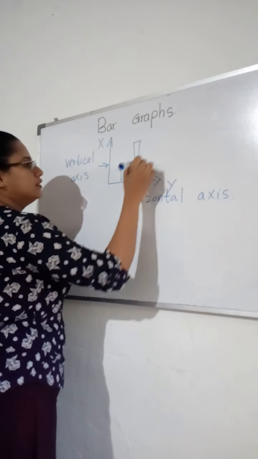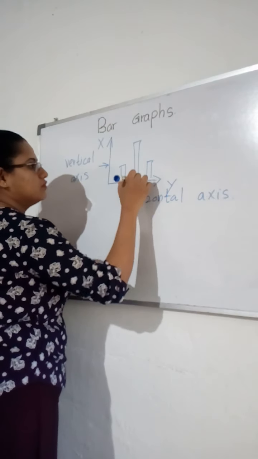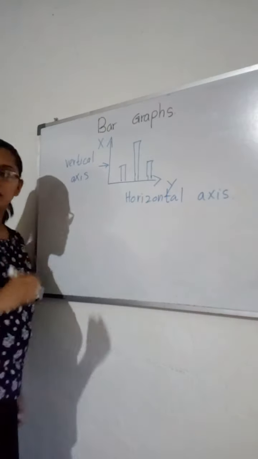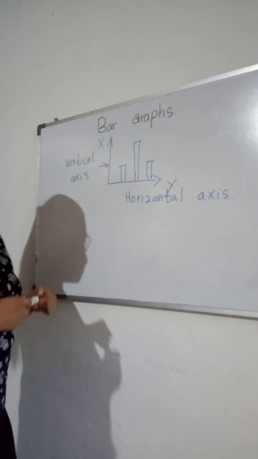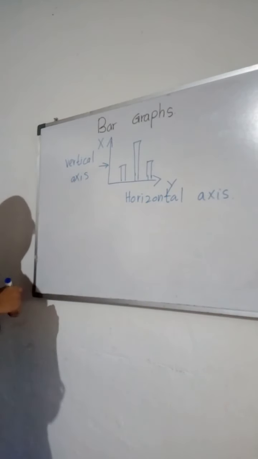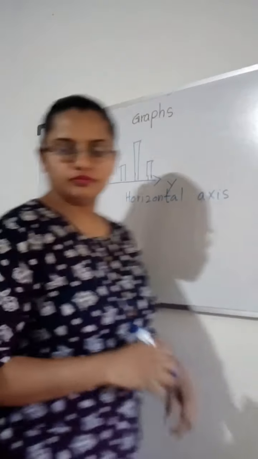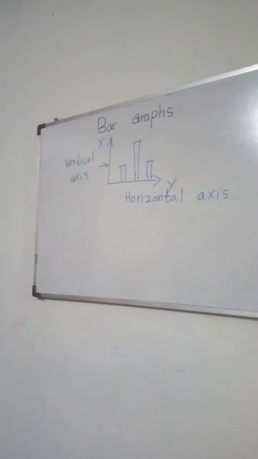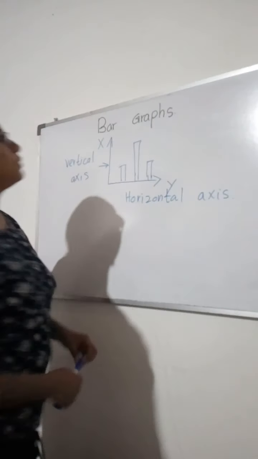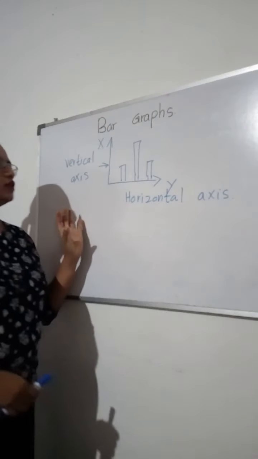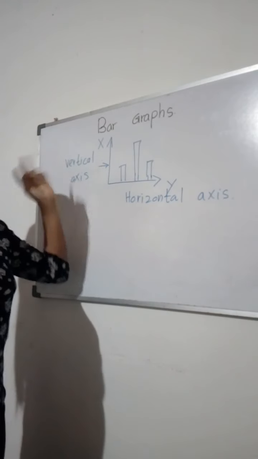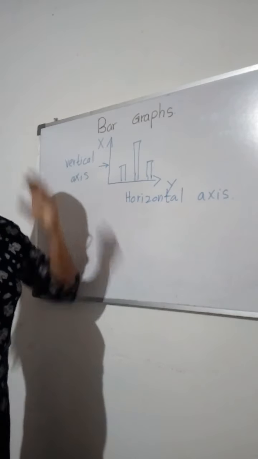And there are the things we draw as bars. By looking at this bar graph, we can see x-axis, y-axis and the bars.